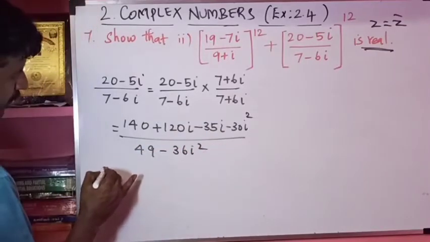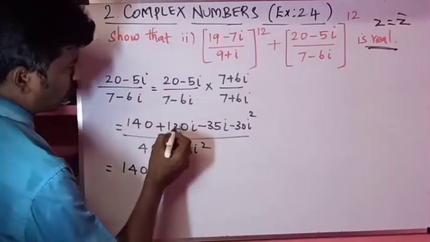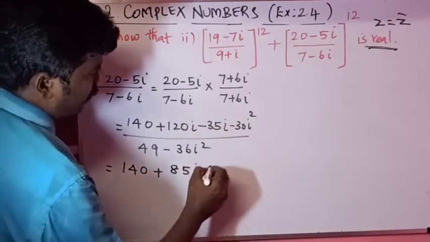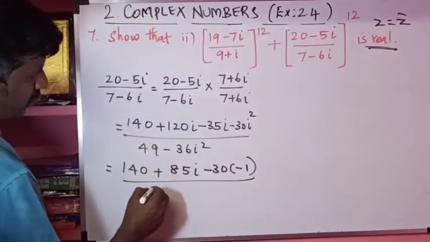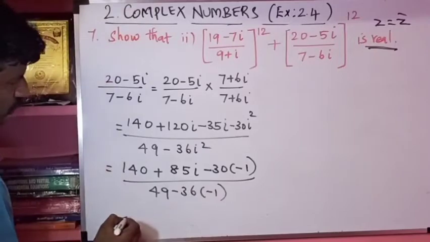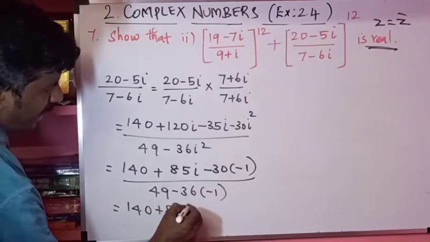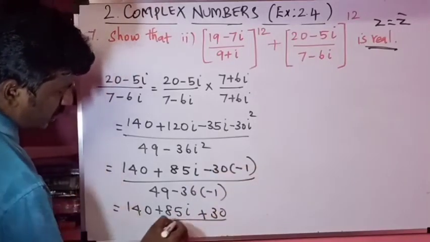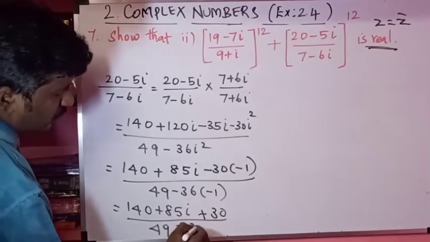So this can be written as the 140. So 120 minus 35, this is 85i, minus 30 times i square value minus 1. The 49 minus 36 into the minus 1. So which is the 140 plus the 85i, right? This is plus the 30, minus into minus plus, divided by 49 minus into minus plus 36.